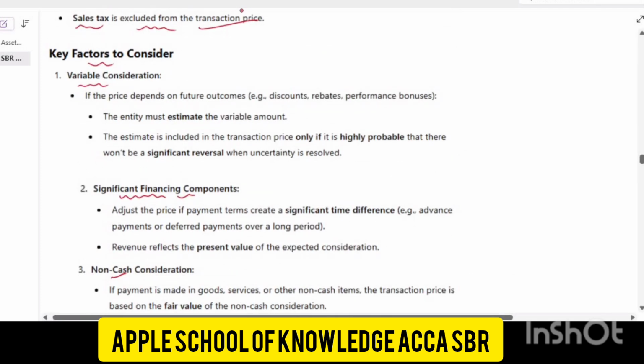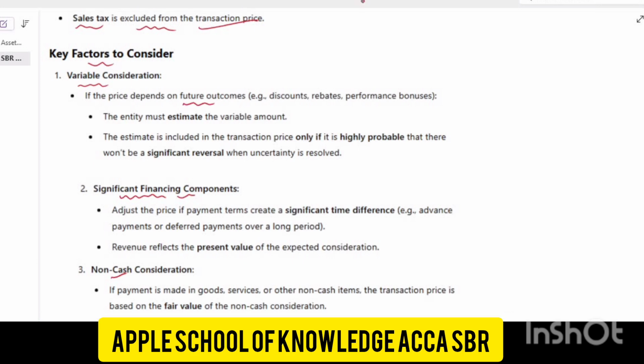So what do we mean by variable consideration? If the price depends on a future outcome, meaning there is no fixed consideration, then it will be called variable consideration. For example, discounts, rebates, performance bonuses.